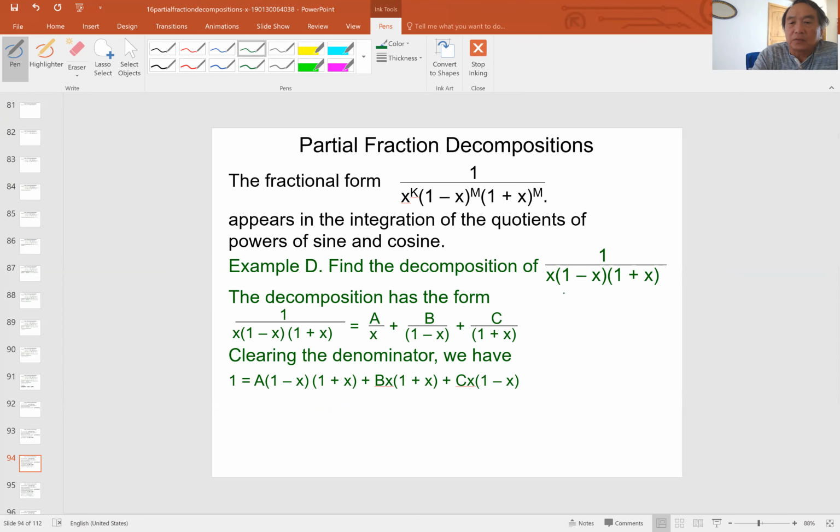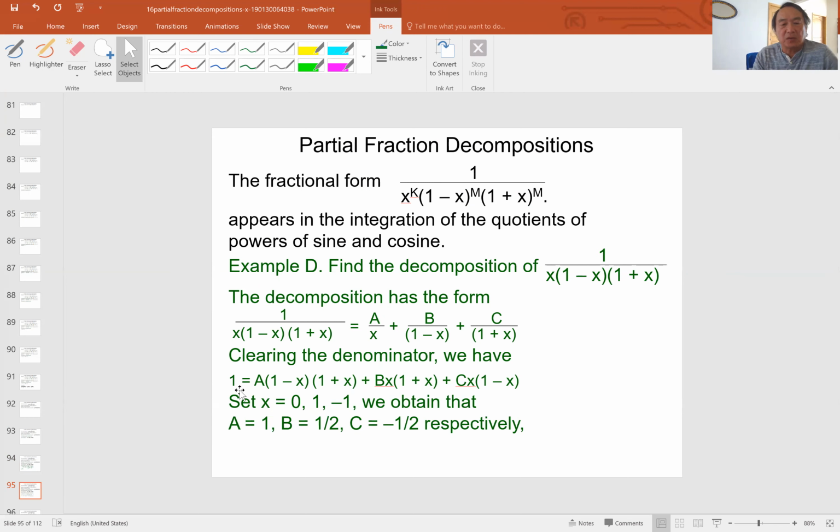These are roots 0, 1, minus 1. You put 0 for x in there, so these pieces disappear, and you get a equal to 1. Then you do the same thing, and you can easily get the others.